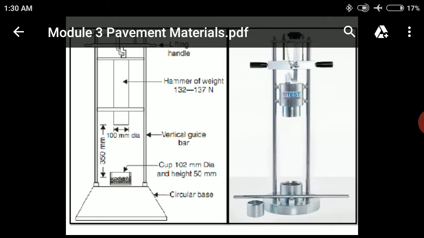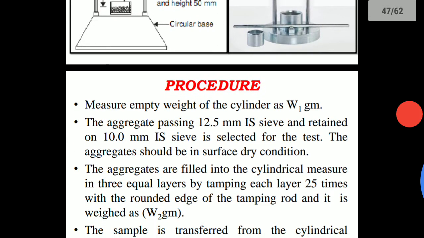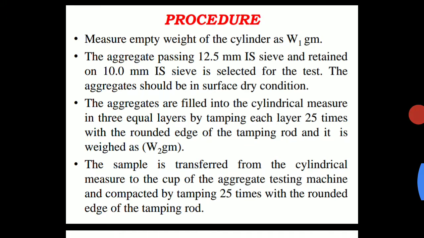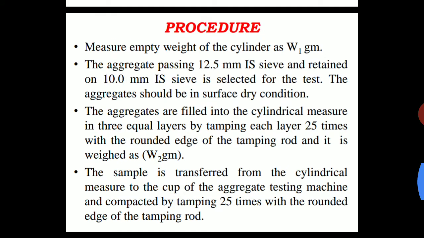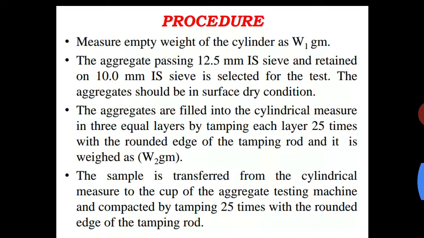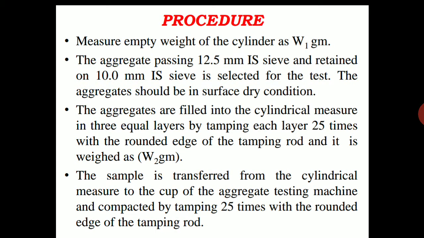Moving to the procedure of the aggregate impact value, first we take the empty weight of the cylindrical measure, and note that weight down as W1. We then consider the aggregate samples passing through the 12.5 mm IS sieve and retained on the 10 mm IS sieve.